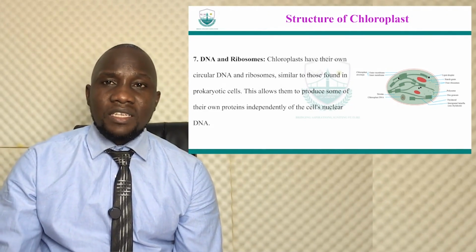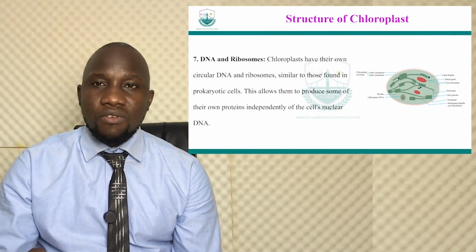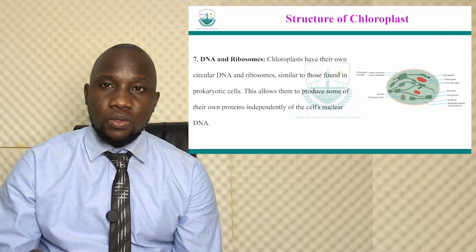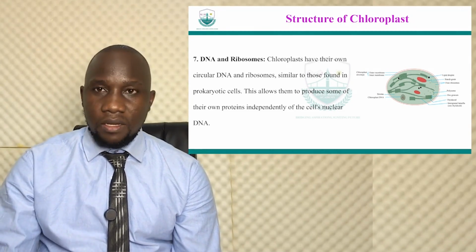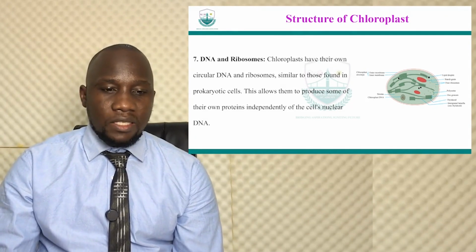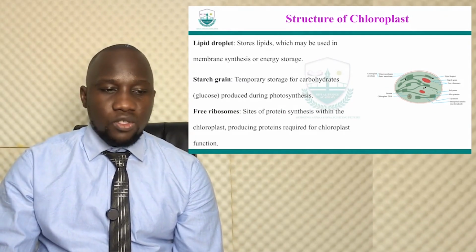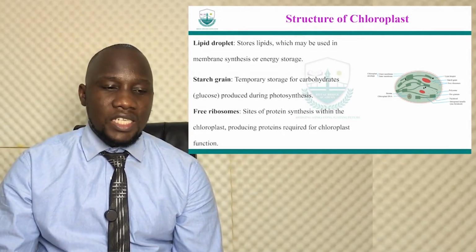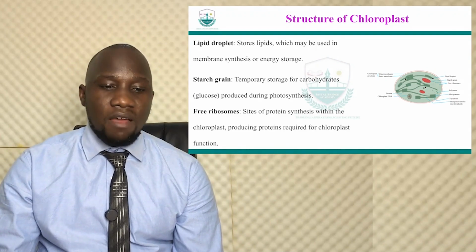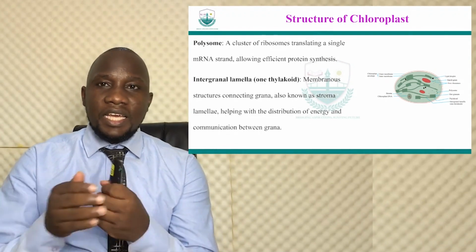So that means that the other things that are required for photosynthesis, like the ribosomes, are also there in the chloroplast. Okay, so the ribosomes, we have those that are free, and then we have those that are in clusters.